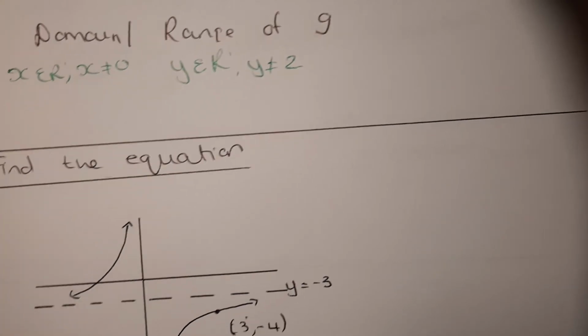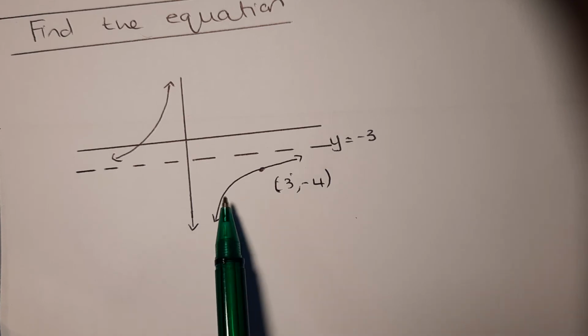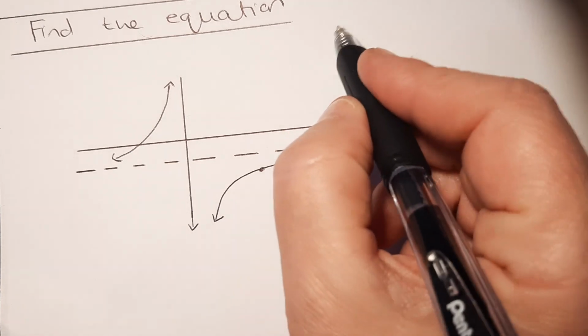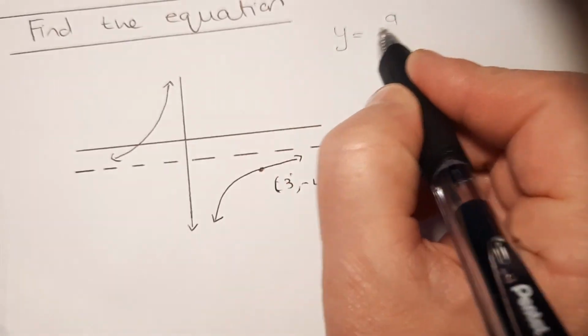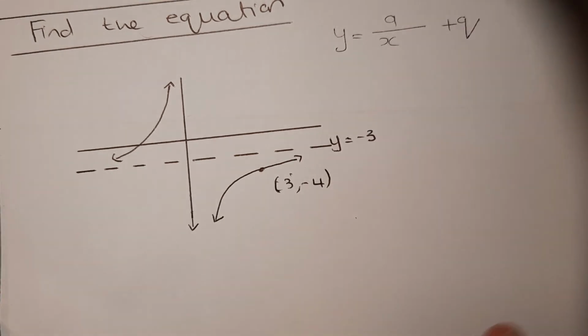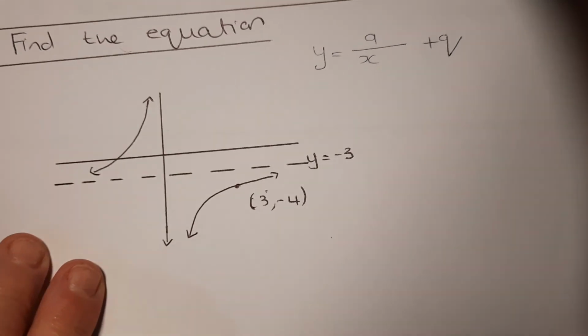The next thing that we had to do was we had to find the equation. So we are going to write the standard form first, which is y is equal to a over x plus q, and q will be your vertical translation.